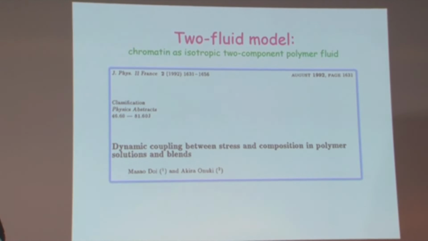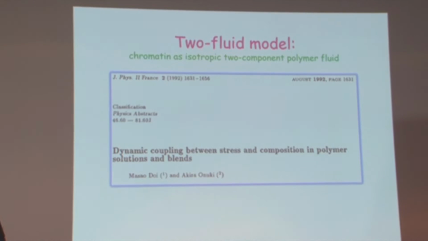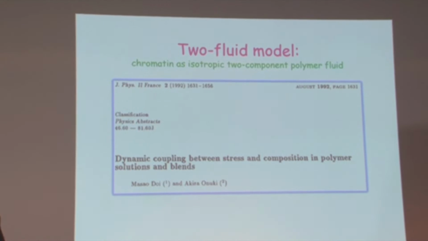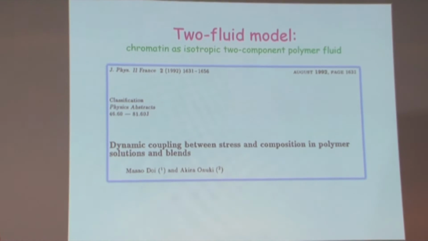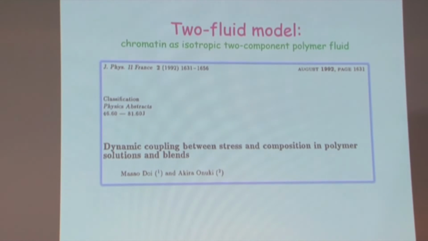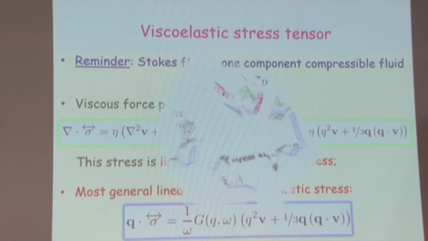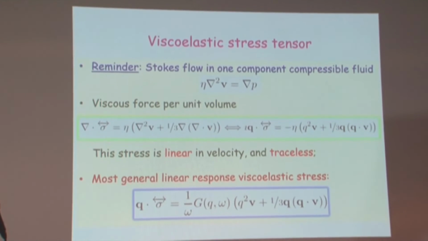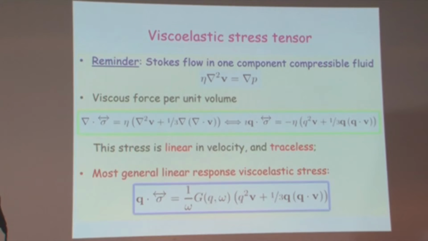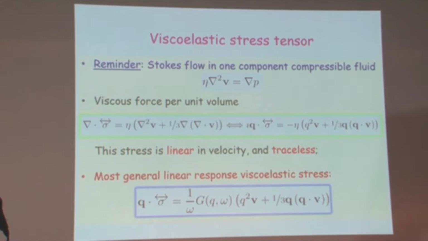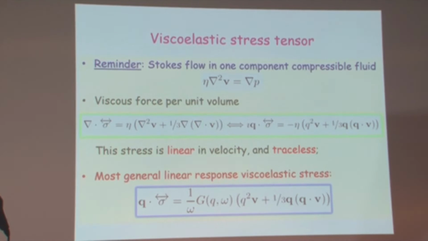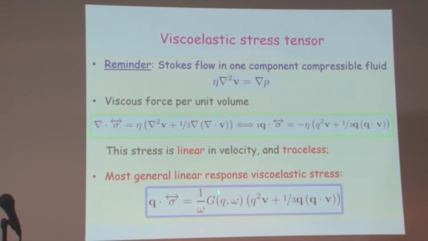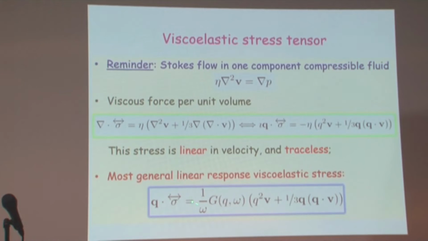So when you want to condense part of the chromatin to increase the volume fraction of chromatin, you have to squeeze liquid outside, and that's basically what we are talking about.